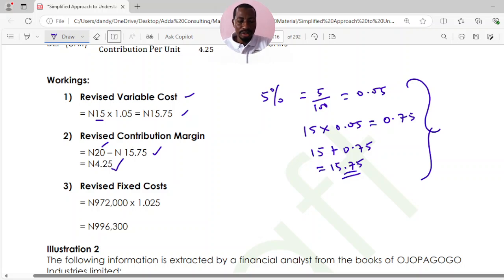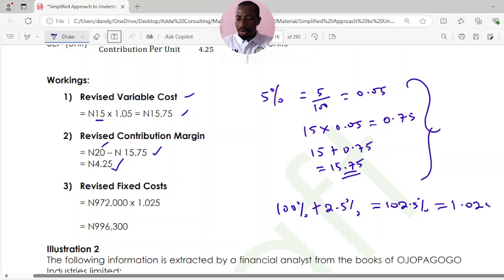The last change that we need to compute is the fixed cost. We are told that fixed cost will increase by 2.5%. Again, the 972,000 is 100% plus the 2.5%, which gives me 102.5%. The 102.5% is the same thing as 1.025.